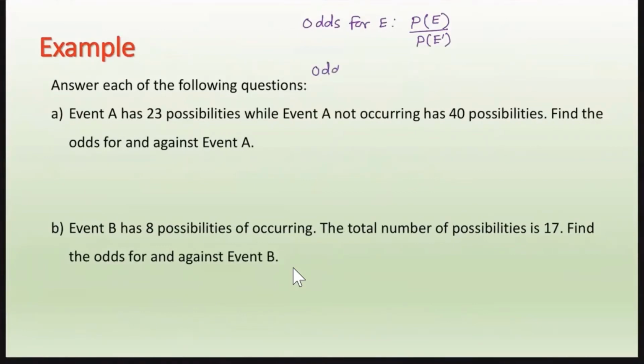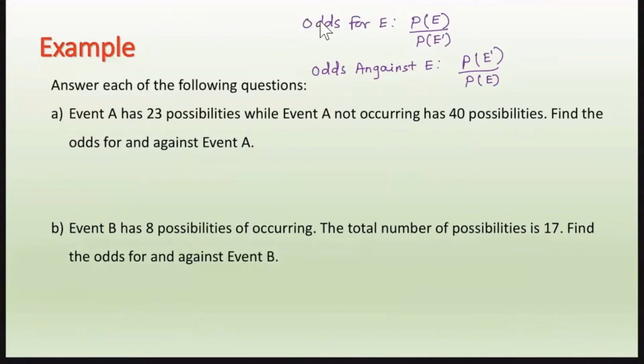And the odds against any event E is equal to probability of not E divided by probability of E. So you can see we just change the numerator and denominator. If it is odds for E, then it's probability of E divided by probability of not E. And if it is odds against E, we write it as probability of not E divided by probability of E.